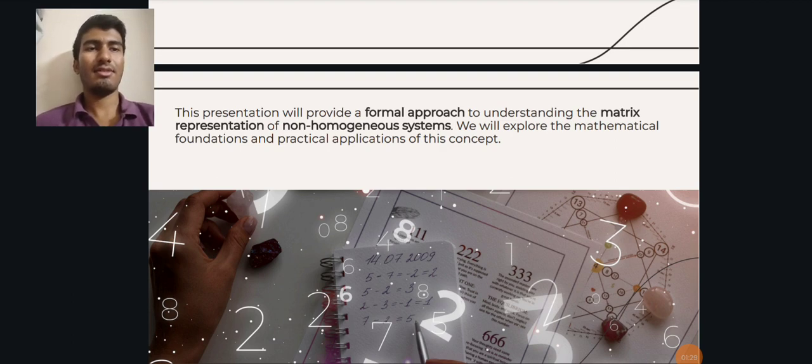We will explore the mathematical foundations and practical applications of this concept.